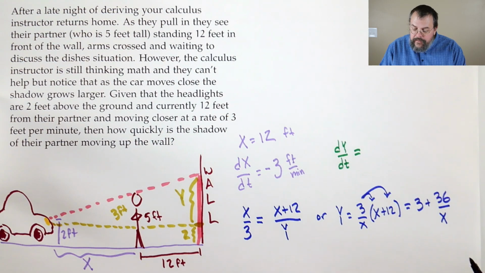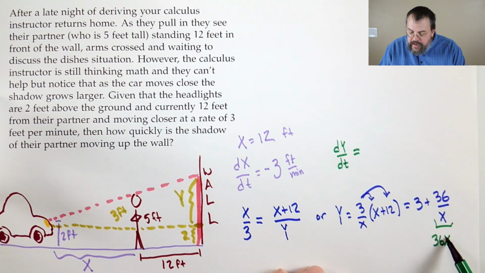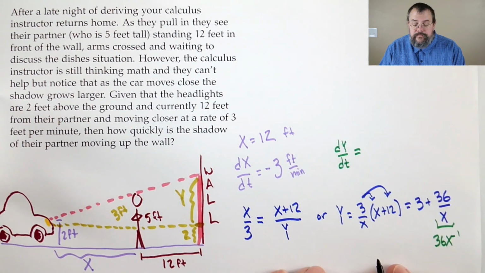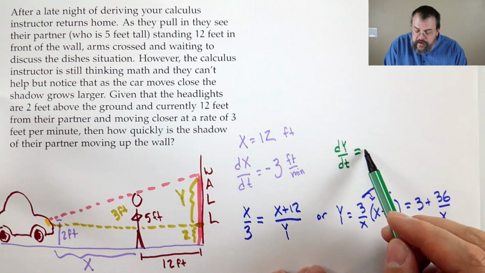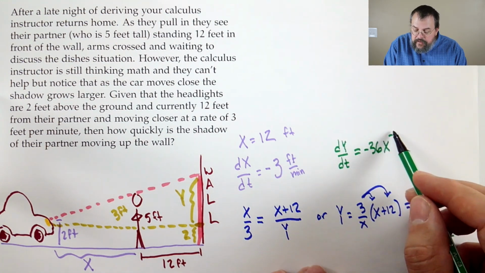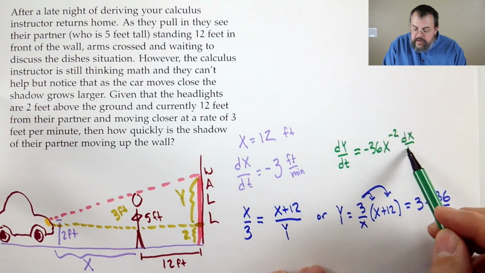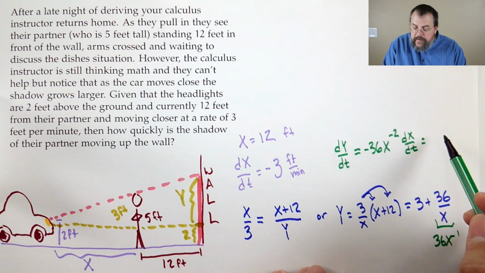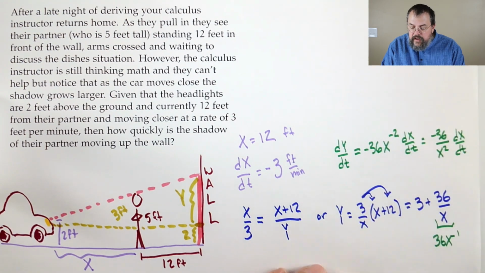Another way to write 36 over x is 36 times x to the negative 1 power. So if we take the derivative, we bring the negative 1 down, so it'd be negative 36, x to the negative 2 power, times dx/dt. Or if you like, that's negative 36 over x squared times dx/dt.